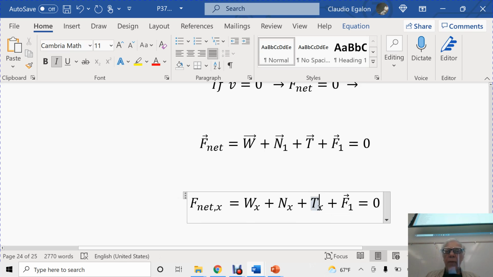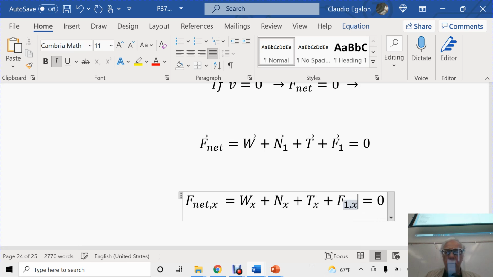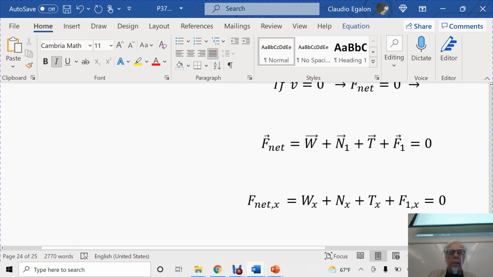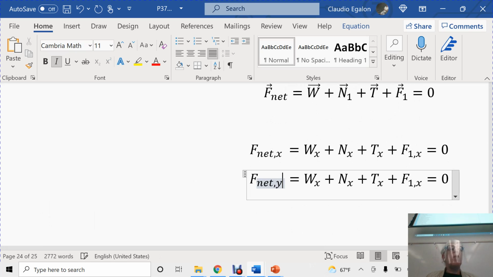We're going to have the x component of this first one, F1. And then we can have the other component of the net force, the y component. The y component of the weight, the y component of the normal, the y component of the tension, and the y component of the F1 force.